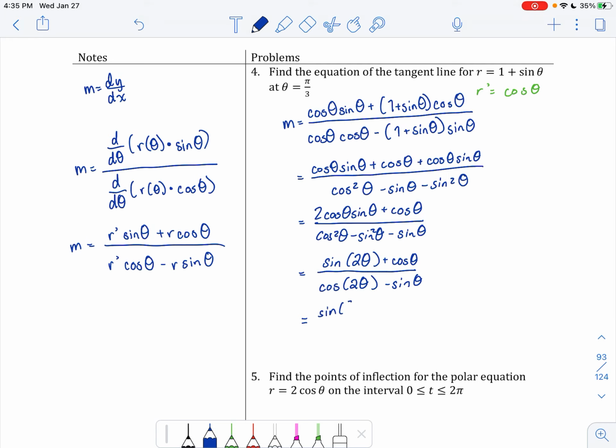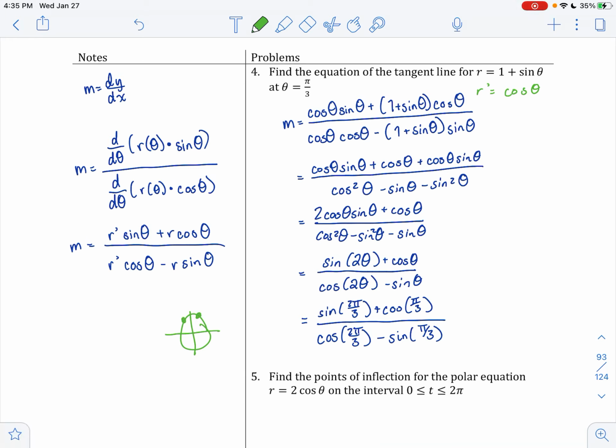So sine of 2 pi over 3 minus cosine of pi over 3 all over cosine of 2 pi over 3 minus, that should be plus, sorry about that, sine pi over 3. Using our unit circle, 2 pi over 3, as we saw before, is here.